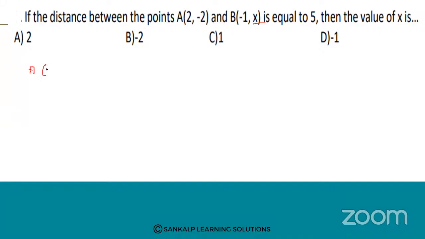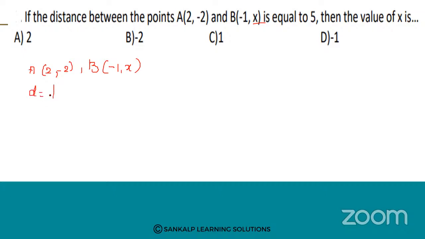Okay, A is (2, -2), right? And B is (-1, x), and the distance between these 2 points is equal to 5. Here, distance between means we have to put the distance formula. What does the distance formula say?